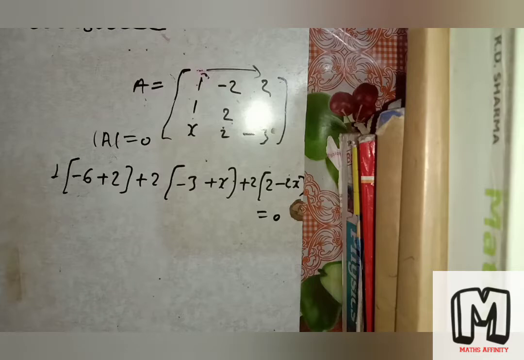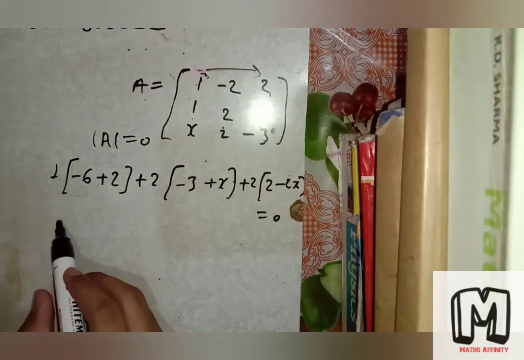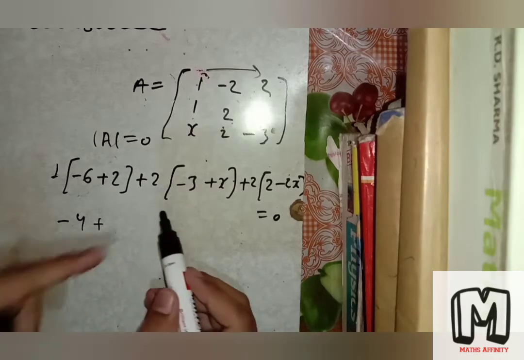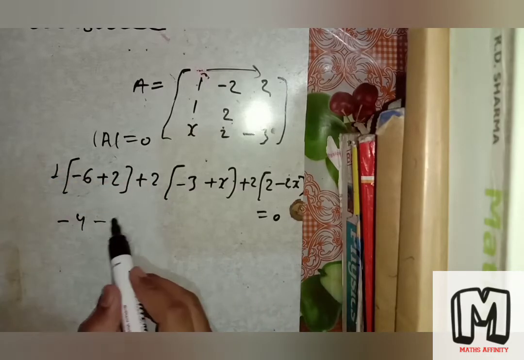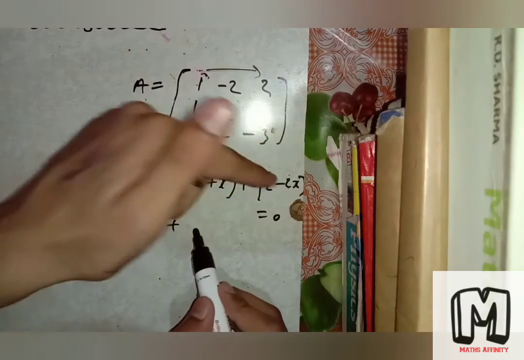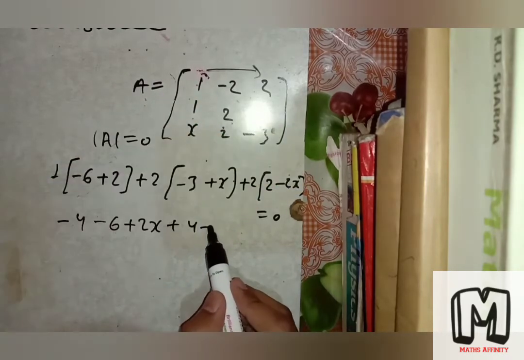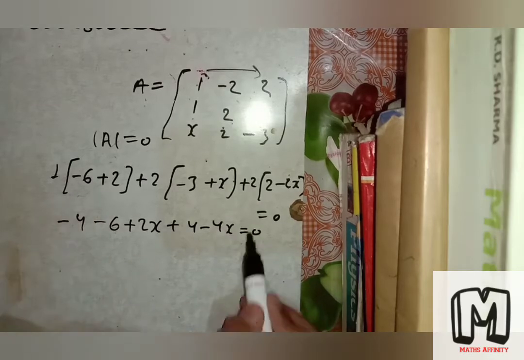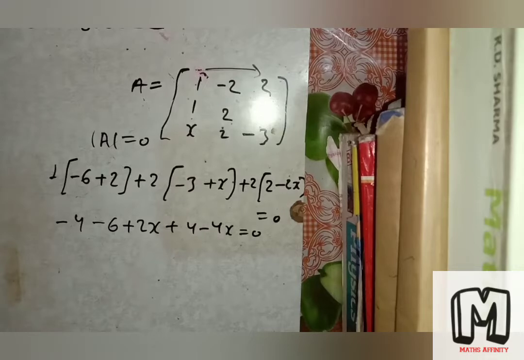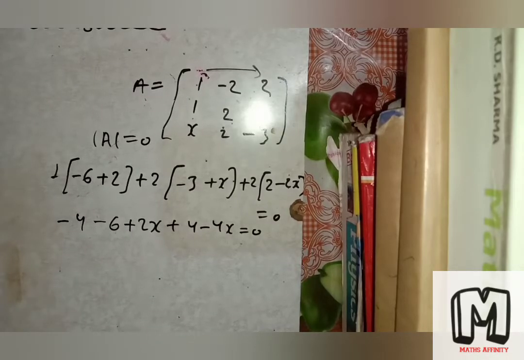Then you can solve easily, I think. Minus 6 plus 2x plus 4 minus 4x equal to 0. So now this becomes simple, so you can easily find the value of x for which matrix is singular matrix.